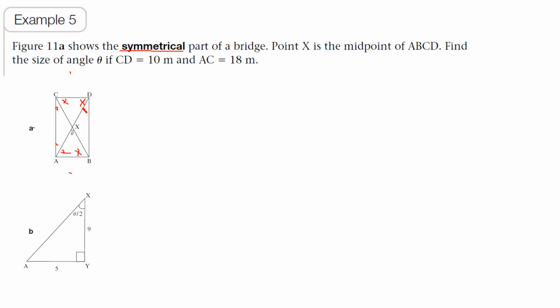And even this one will be equal to that one. So now, this angle here will be equal to this angle, equal to that angle, equal to that angle, because of the symmetrical part. Even this one here will be equal to that one, equal to that one, and equal to that one, because of symmetry. Even here, we're going to have theta, because it's vertically opposite.